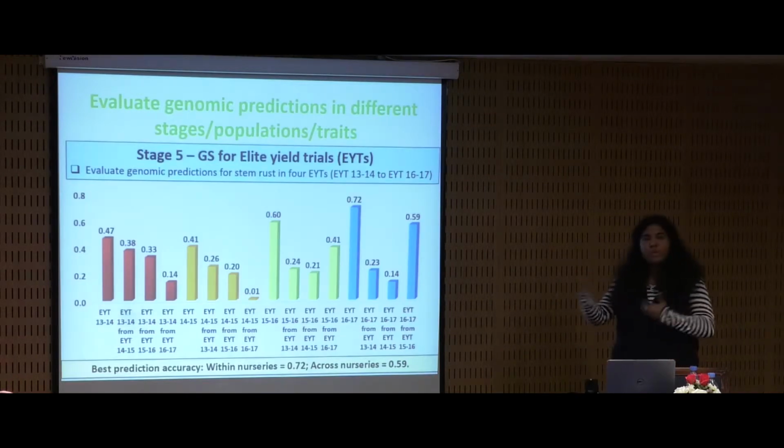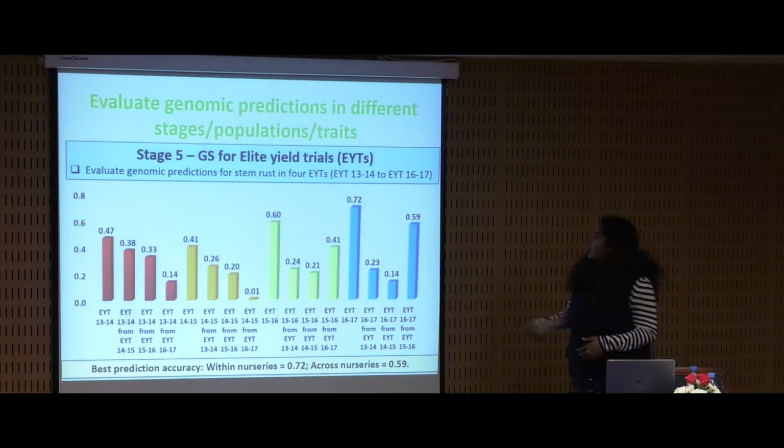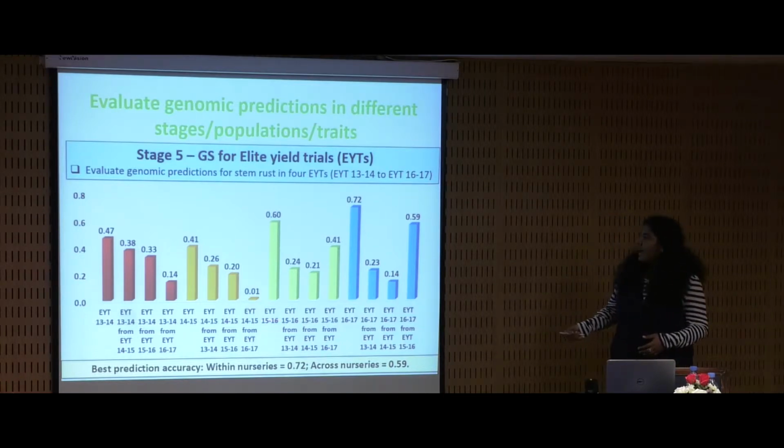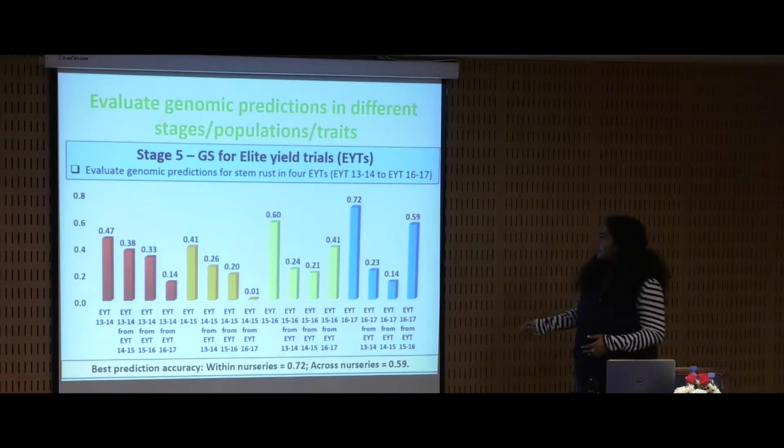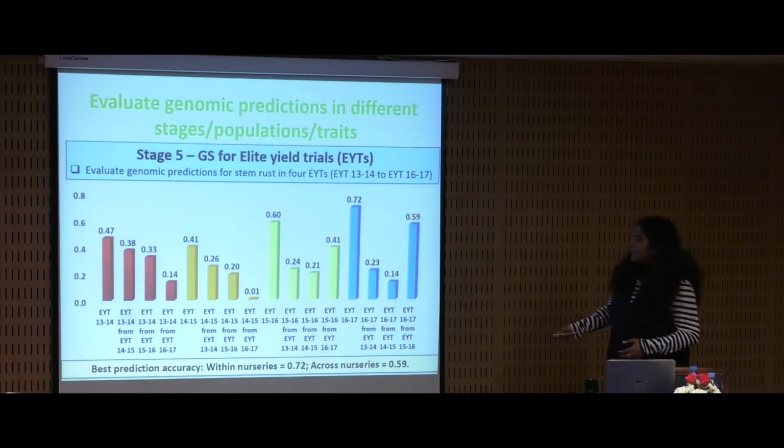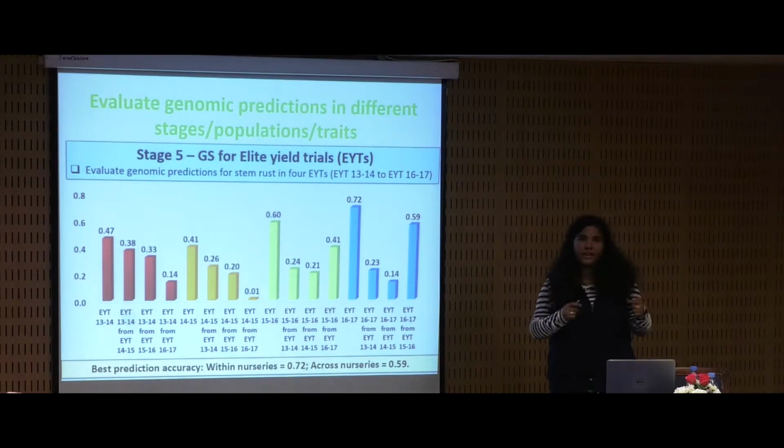And now moving on to diseases. A lot of you work with stem rust here, and these are our stem rust prediction accuracies. The four tall bars will be cross-validation accuracies, and the other bars are predictions using different populations.